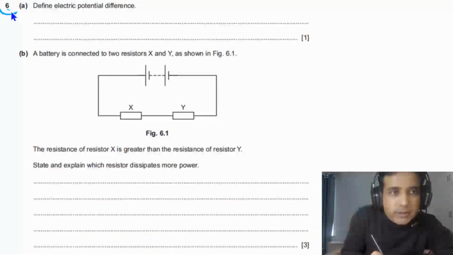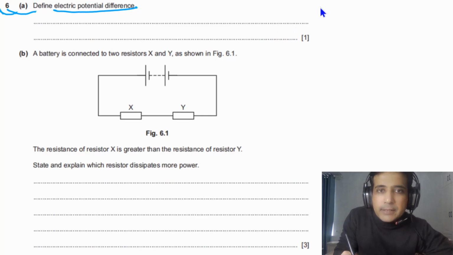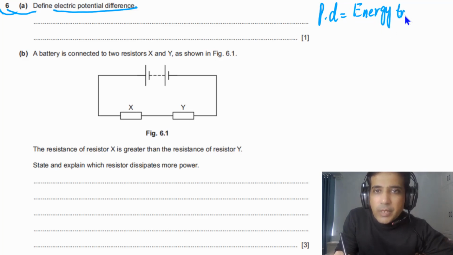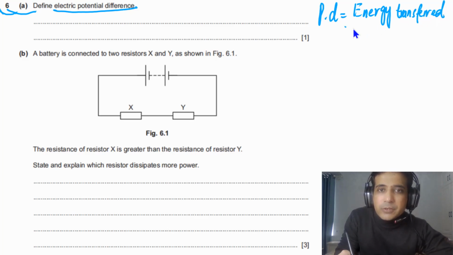For question number 6, part A, we need to define electric potential difference. An electric potential difference simply is equal to energy transferred per unit charge. So this is how we can define potential difference.